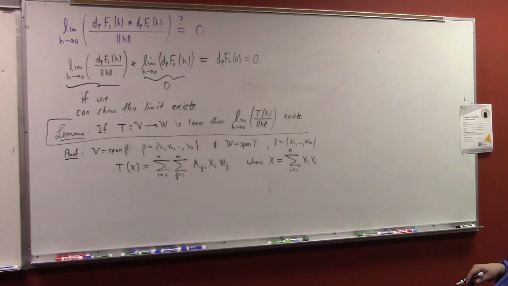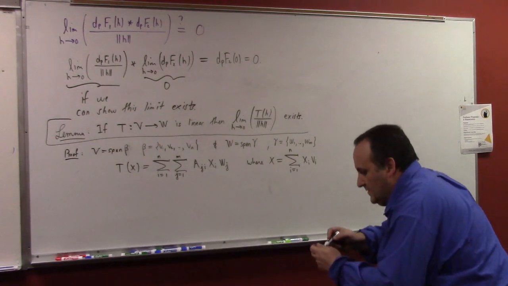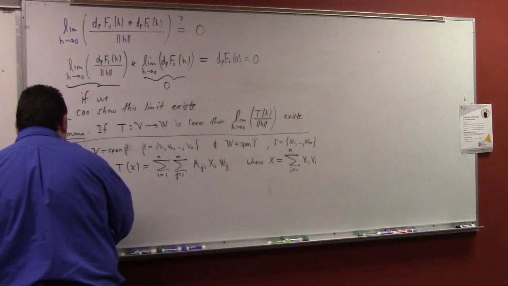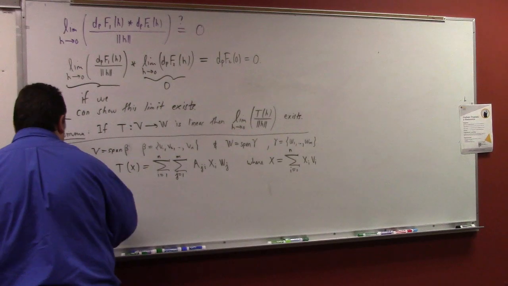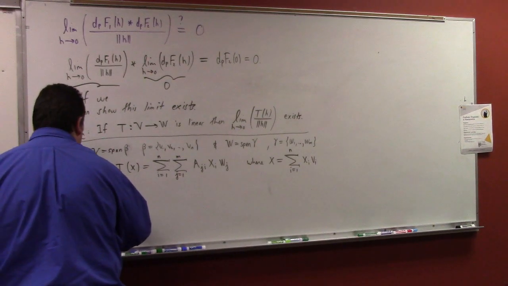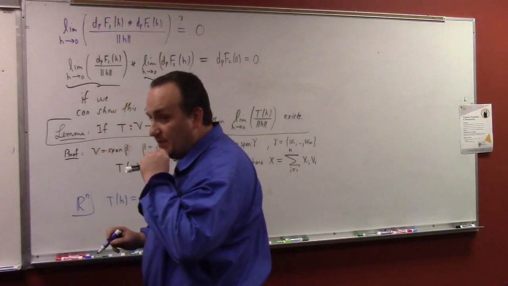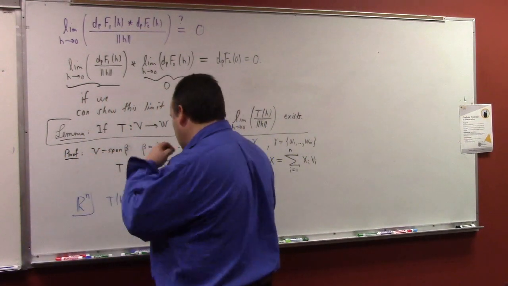I'm not sure this exists. Let me just drop down. Sometimes you've got to know when you're beat, right? In R^n, we just have T of h equal to A h, the matrix times h, the matrix column product.